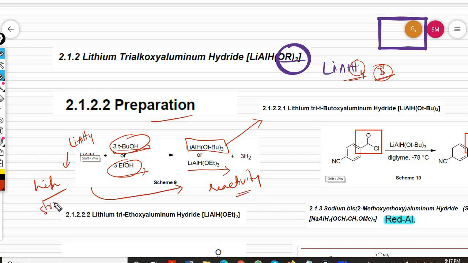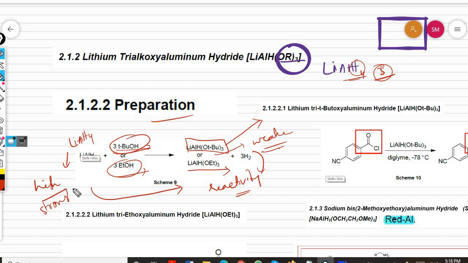This is a strong reducing agent, this is a little weaker; as the bulky groups increase, it becomes weaker. As the strength of the reducing nature decreases, the functionality of the reduction also reduces.